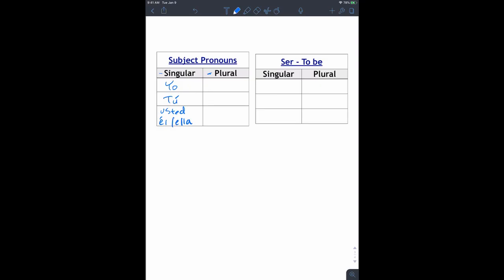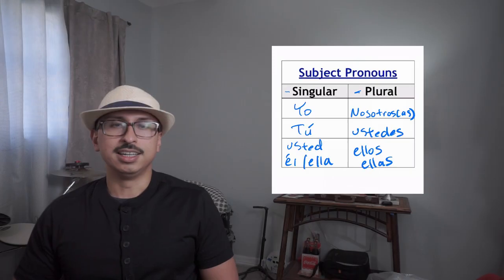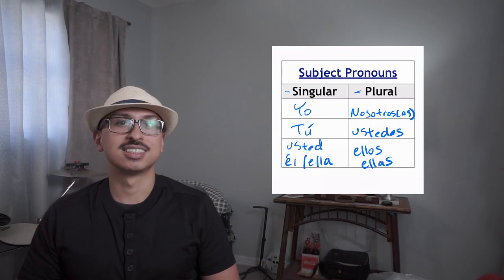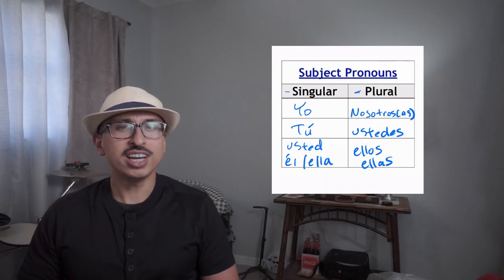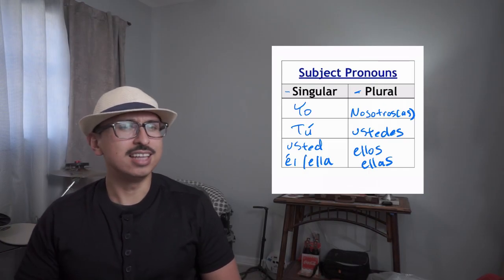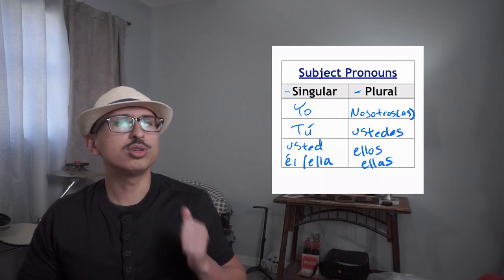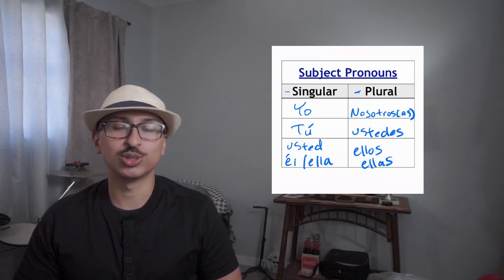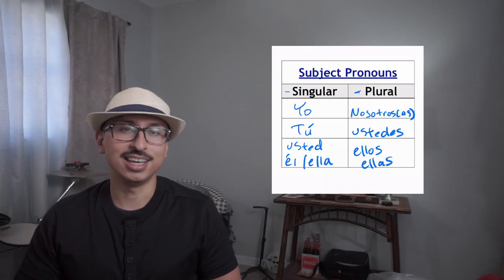Our plural pronouns are nosotros and nosotras, ustedes, ellos, and ellas. Now at this point, you should already know subject pronouns. It'll be a good idea if you can remember all of these in this order too. Yo, tú, usted, él, ella, nosotros, nosotras, ustedes, ellos, ellas.